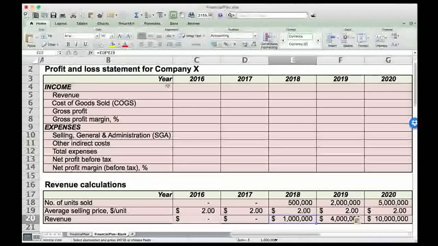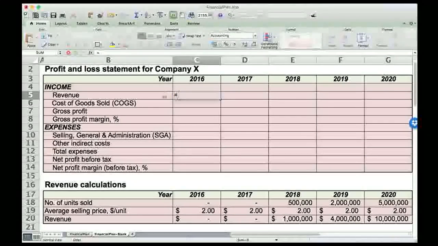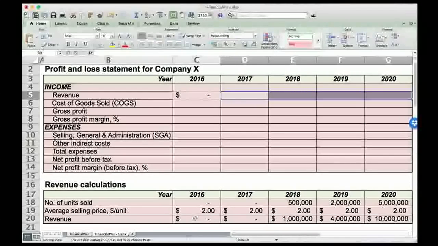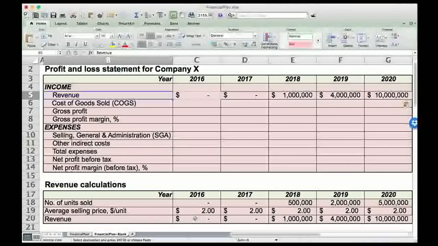So you would have $1 million revenue in 2018, 4 million in 2019 and 10 million in 2020. So this would go to your profit and loss statement. I'm just putting the formula for the revenue here. So now we have the revenue.